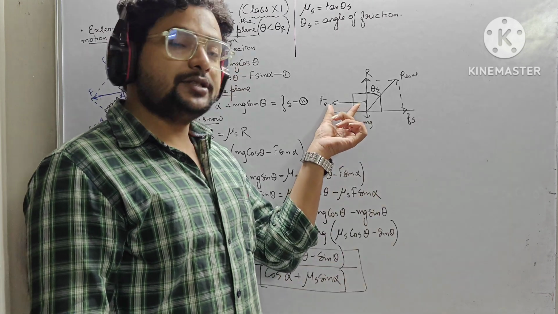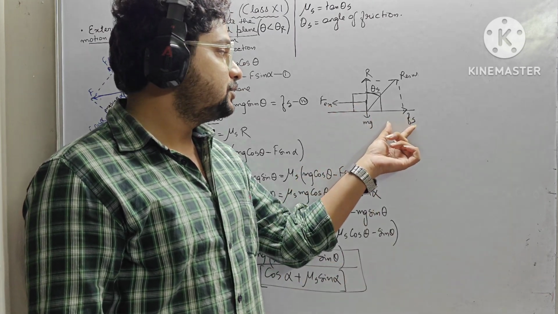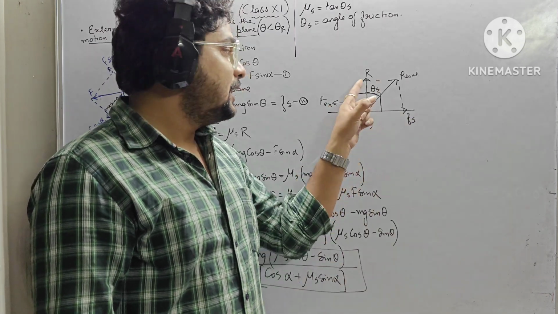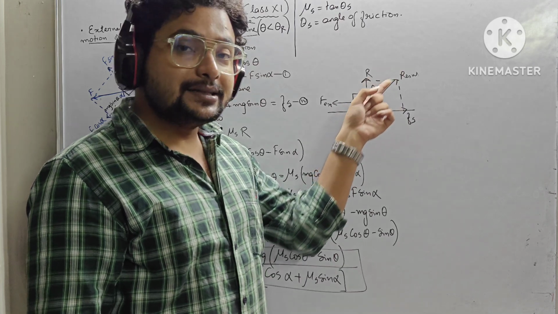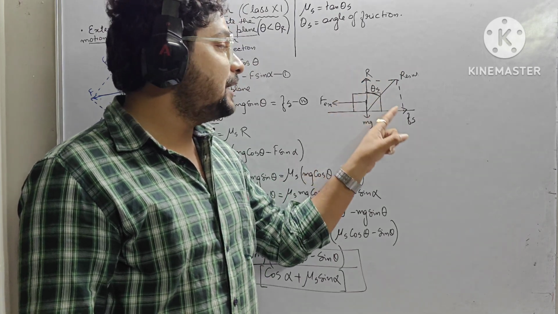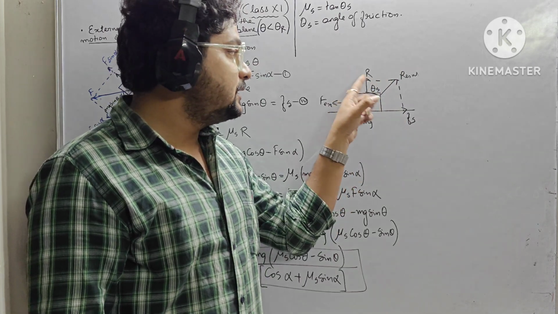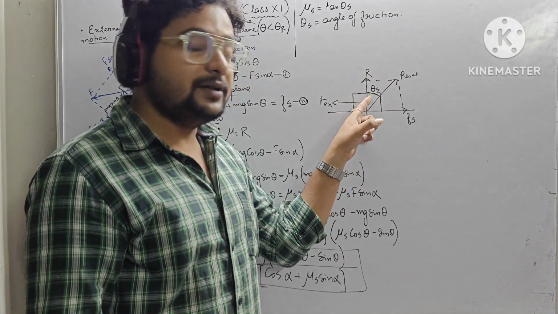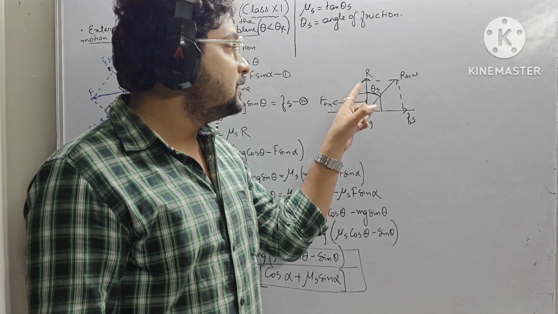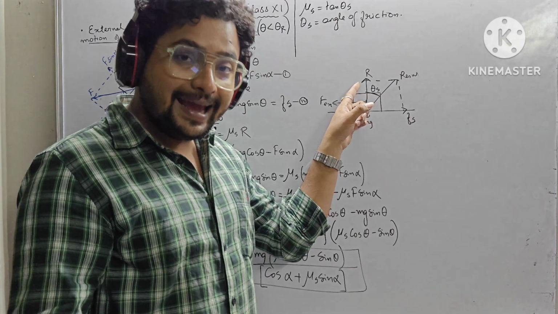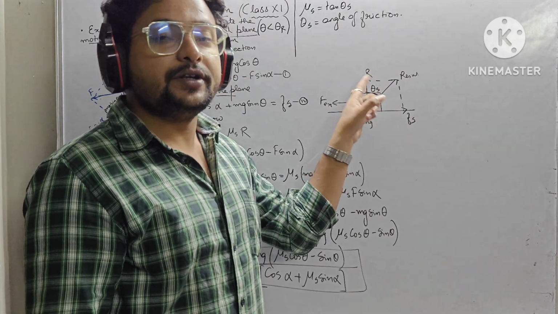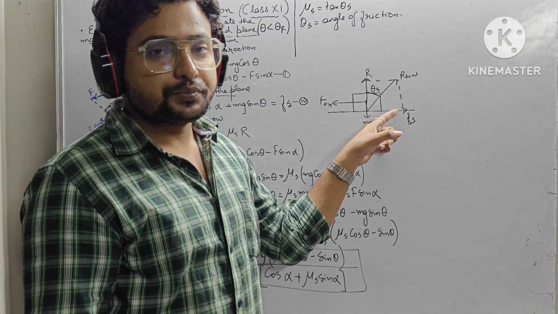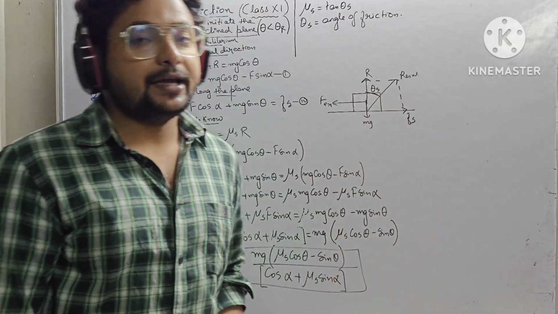So this is the external force, this is the frictional force, this is the reaction, this is mg, and this is the resultant between the reaction force and the frictional force. The angle between the reaction force and the resultant of the reaction force and the frictional force is known as the angle of friction.